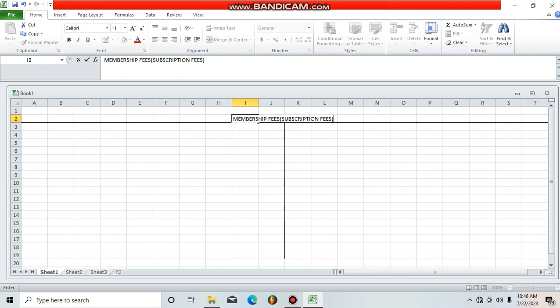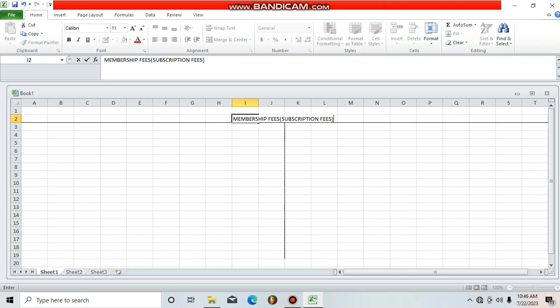Basically, when we are dealing with membership fee, you have to understand that membership fee is a T account. This T account is usually called a control account.